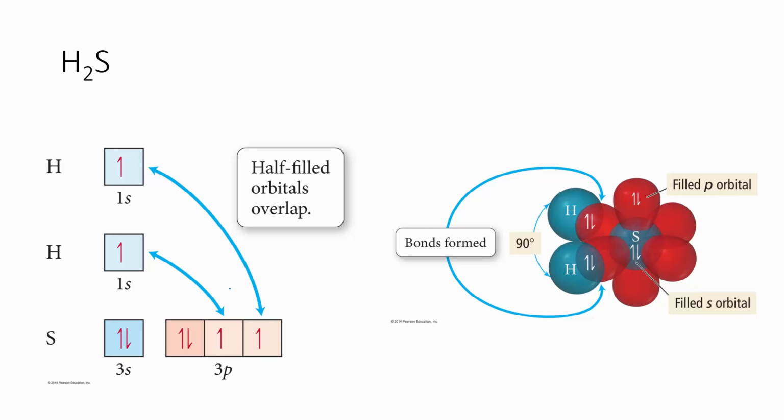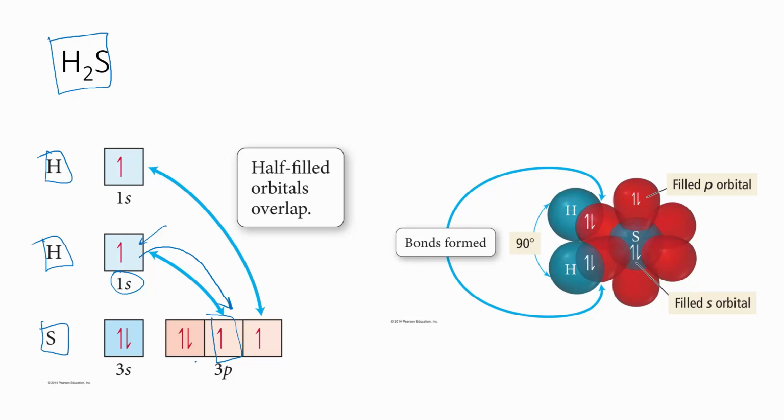Now, to see this with orbital overlap, we can look at H2S as an example where no hybridization occurs. We can pair up electrons in orbitals between the sulfur atom and the hydrogen atoms in H2S, and we can think of a bond forming between a hydrogen 1s orbital and the open space in one of the 3p orbitals of the sulfur.